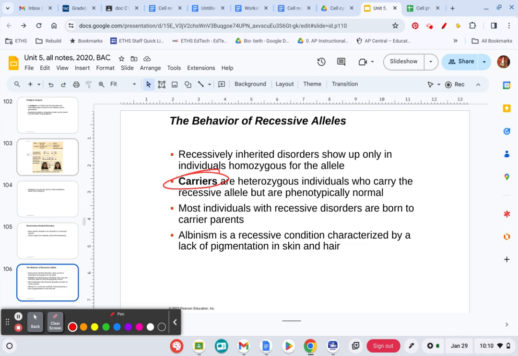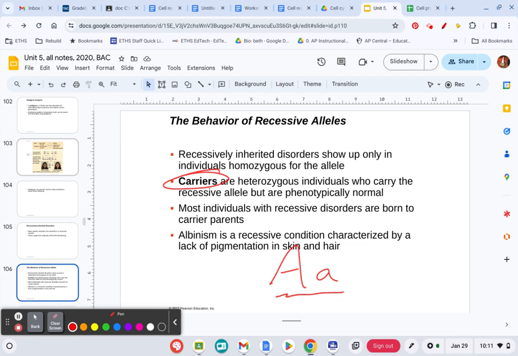Albinism is an example of that. A big A represents people who have normal pigmentation. But this person, in this case, would be a carrier, so they do have the recessive allele for albinism.